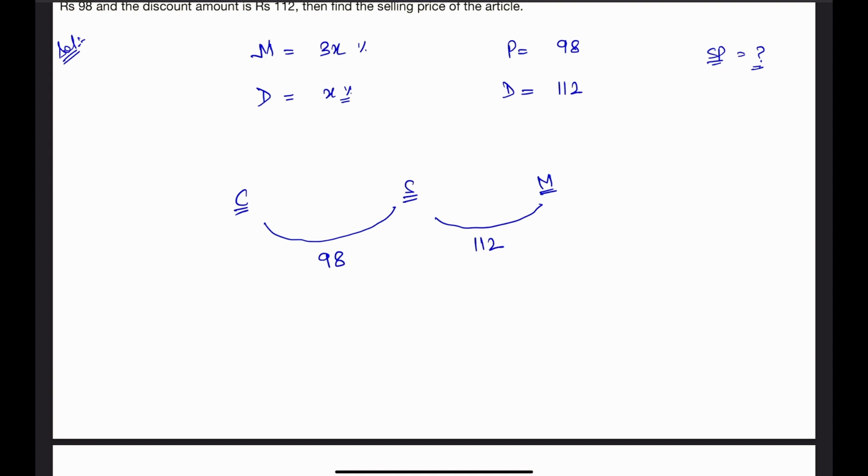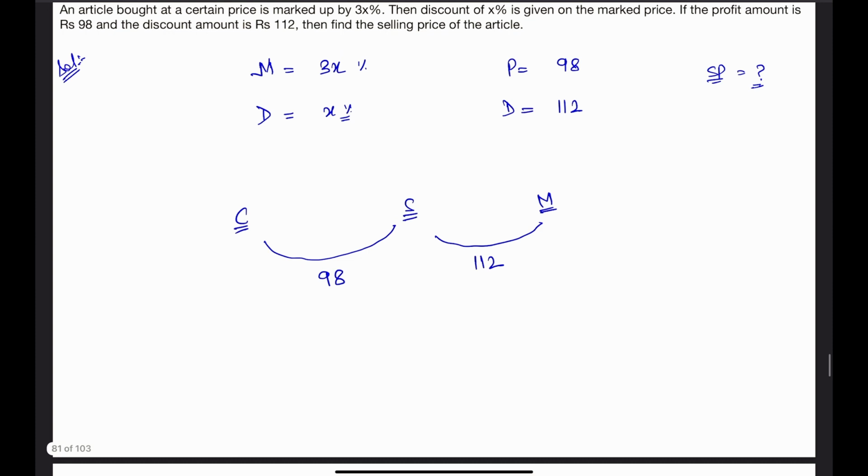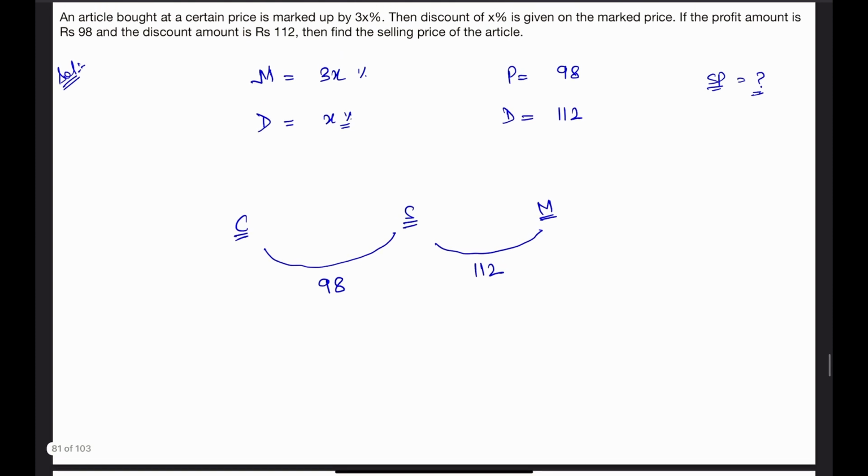Okay, and the question is saying that my discount is x percentage, and markup is 3x percentage.